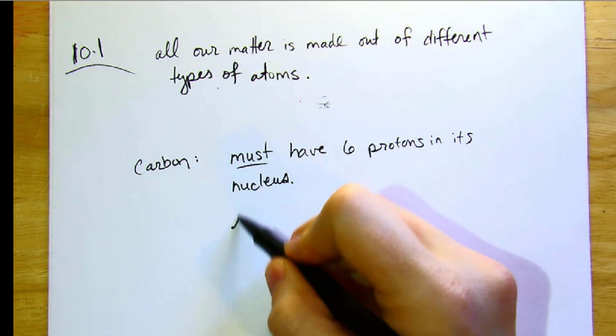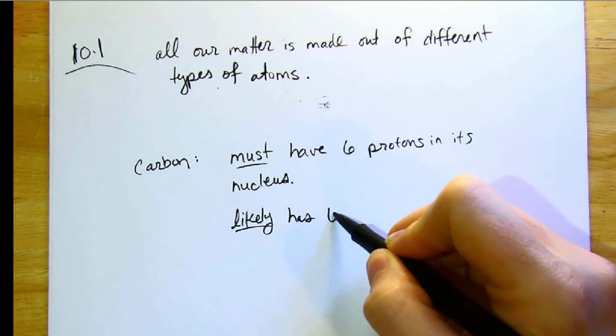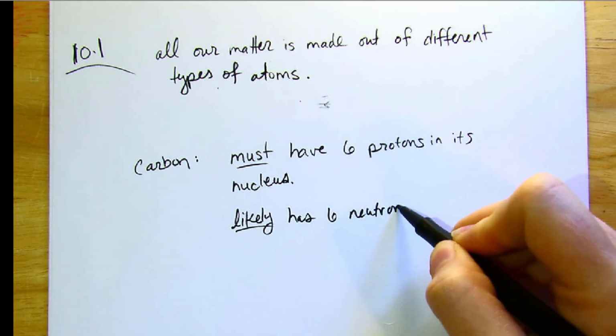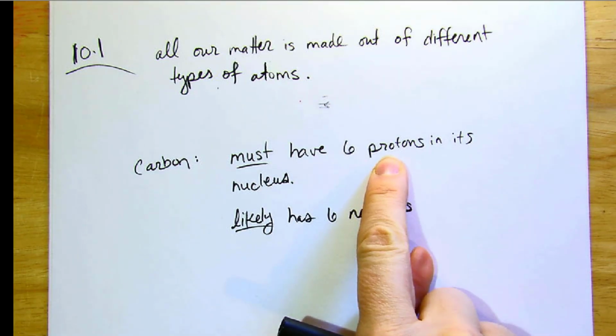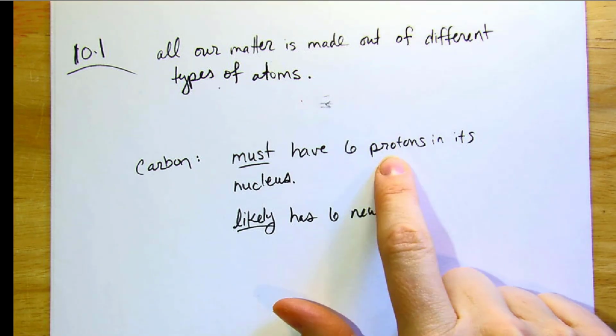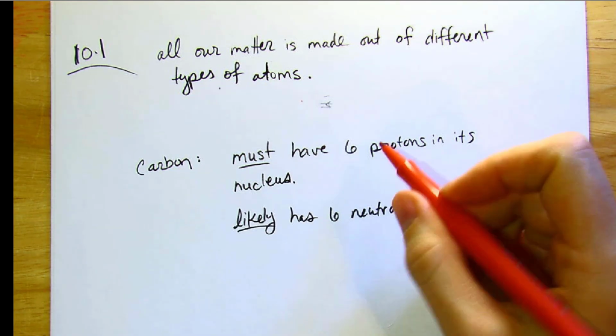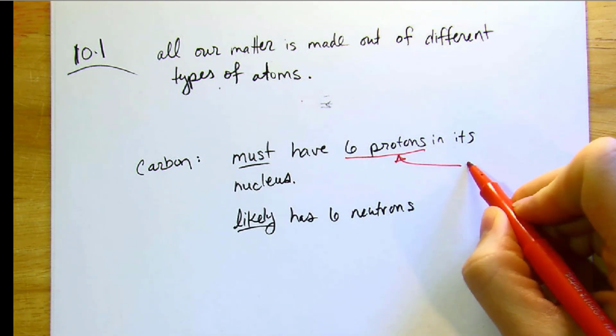So let's just say it likely has 6 neutrons. But it has to have 6 protons, because if it had 7 protons, it would be called nitrogen. The 6 protons is what defines it as carbon. And the number of protons in its nucleus is also called its atomic number.